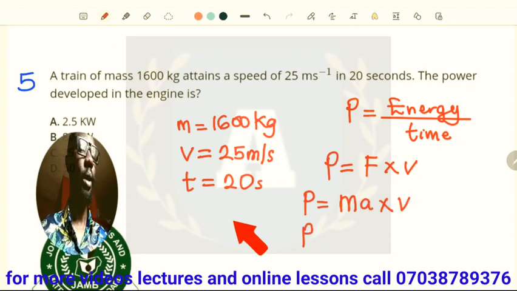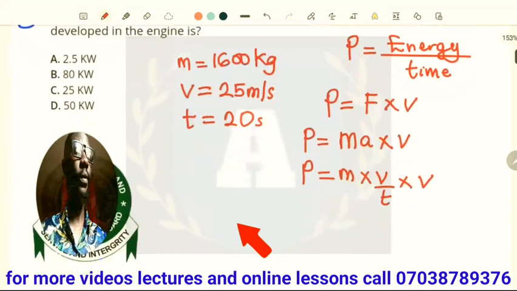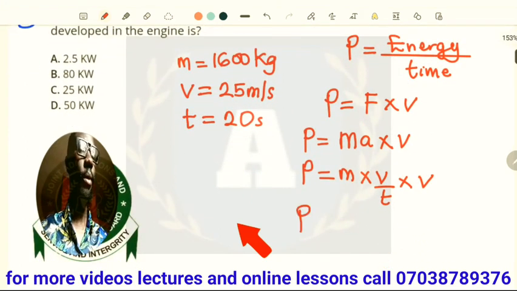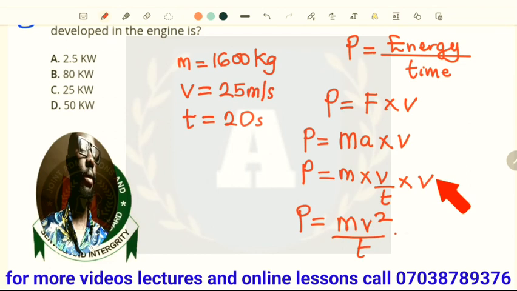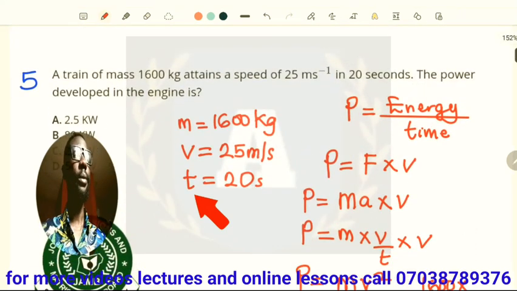So power will be equal to mass times acceleration, ma, where acceleration is velocity over time, then multiplied by v. So power will be equal to v multiplied by v, that is v squared over t. So what do you have? V squared over t. The mass is 1600 multiplied by velocity.